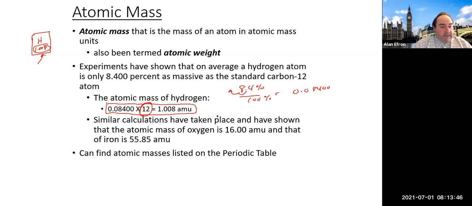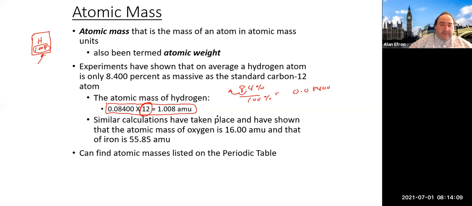So depending on your periodic table, you may have a significant amount of numbers for the atomic mass. For example, one I might be looking at right now has about 6 numbers for every atomic mass. Typically, we round when we take it off the periodic table to about 4 significant figures.